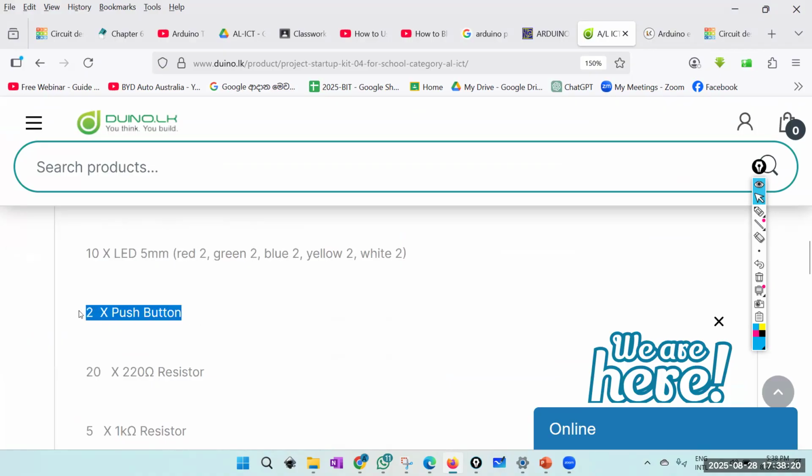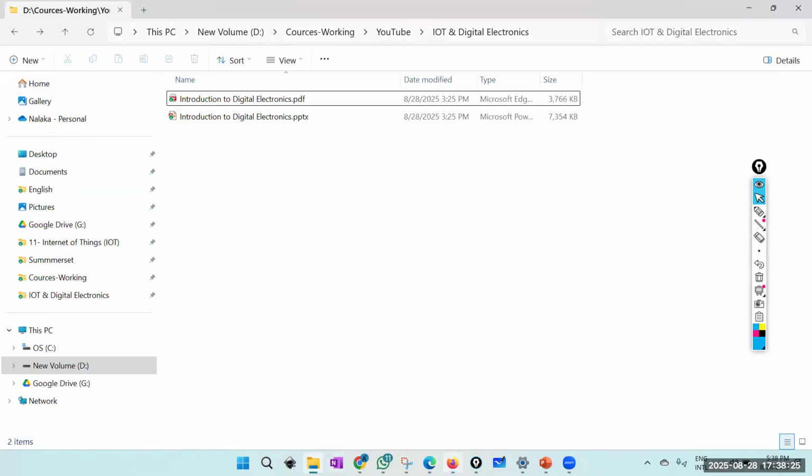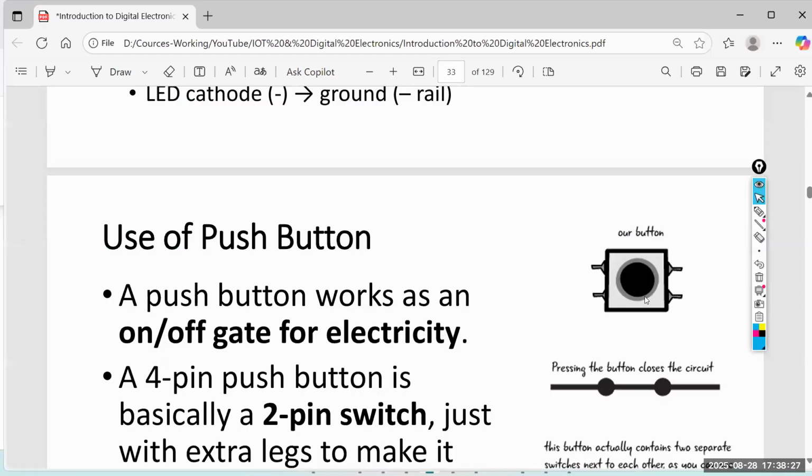This package has push buttons, and push buttons are switches. When you push it, electricity flows. You physically push it, just like a bell switch. When you push it, electricity goes like this.